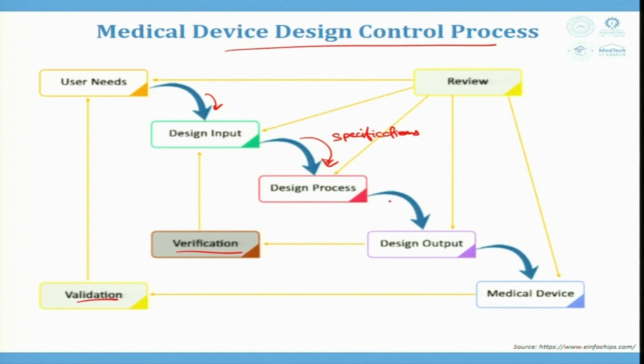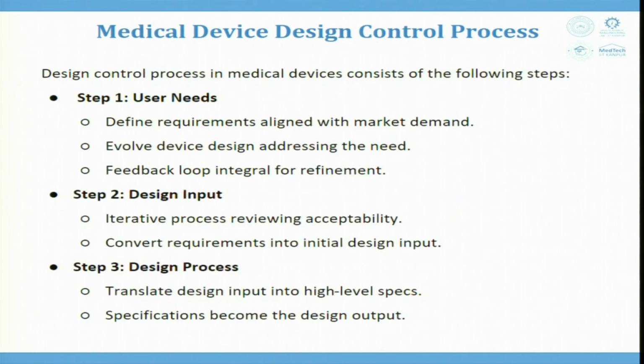From these specifications, the design process gives us the design output, which gives us the medical device. Here you can see the design output is always verified with the design input. So, this is verification, and the medical device is validated with the user need. So, this is how it goes, the difference between verification and validation. We will try to see it further. Let us see all these terms separately here.